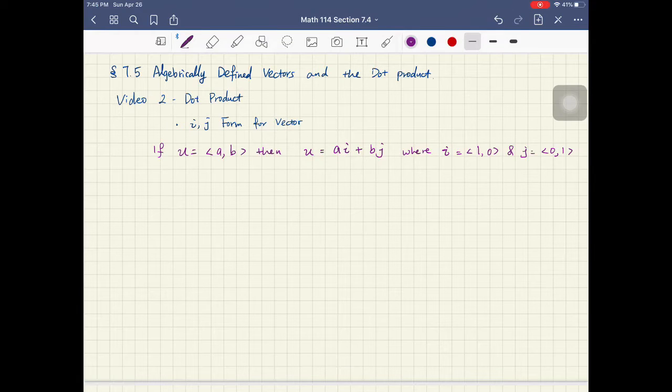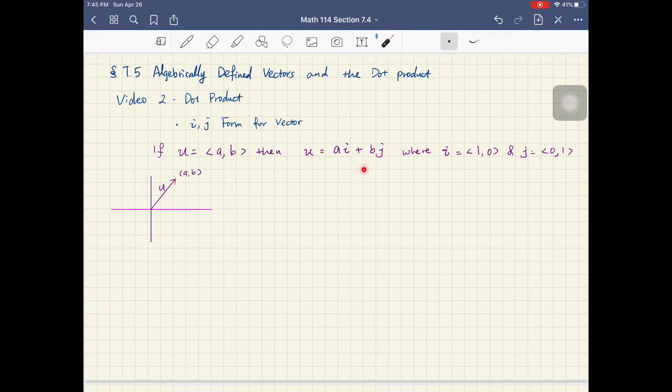If I have a vector u in the a comma b version, that means on the xy plane my u starts from the origin and goes to a terminal point (a, b). Then I can write u as a times i plus b times j.